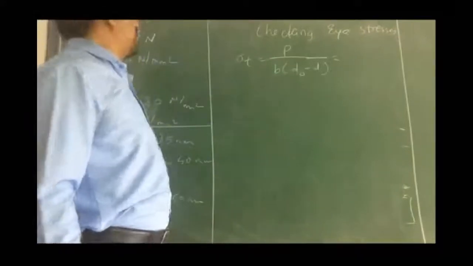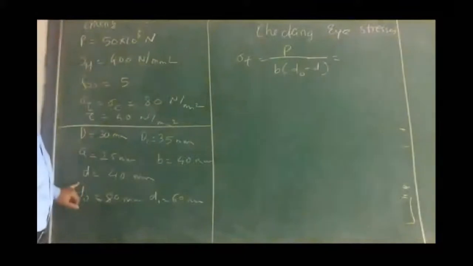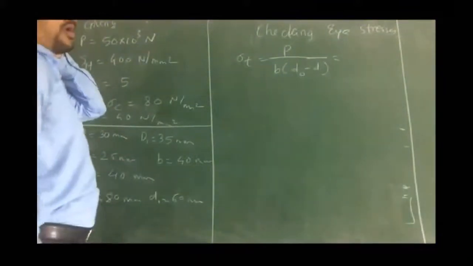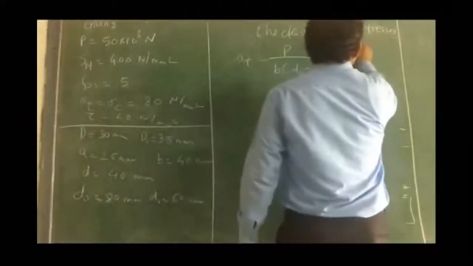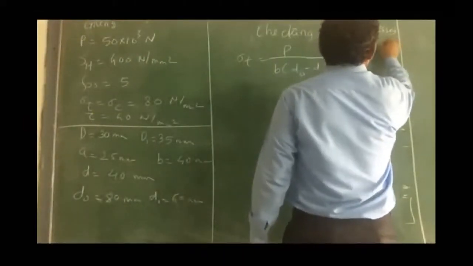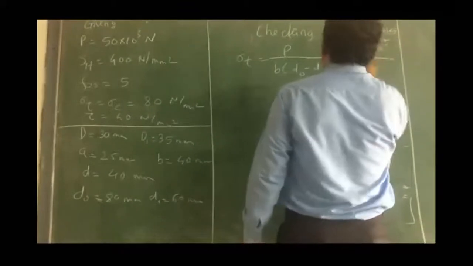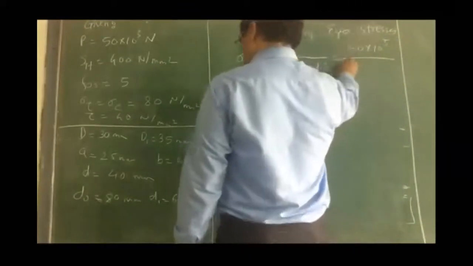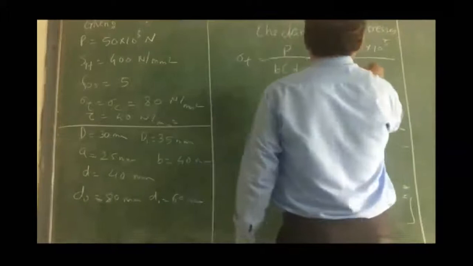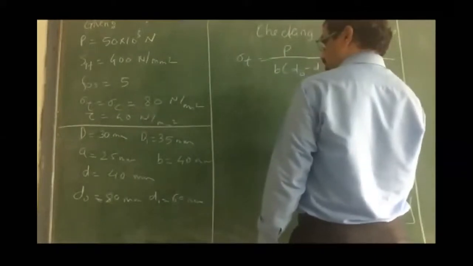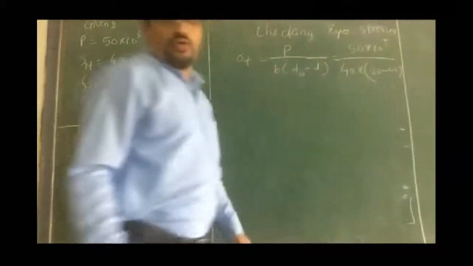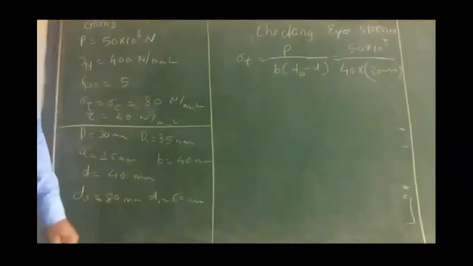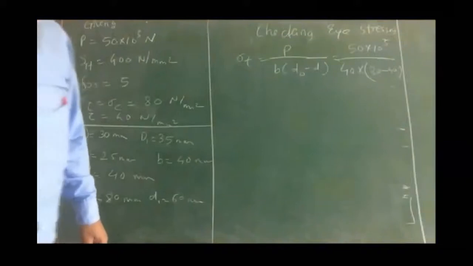D0 is the outside diameter, D is the inside diameter, B is the thickness of the eye, and P is the load. This is 50 into 10 raised to 3, and B is the thickness, which we got as 40. D0 minus D is 80 minus 40. So with this, the answer we get is 31.25.